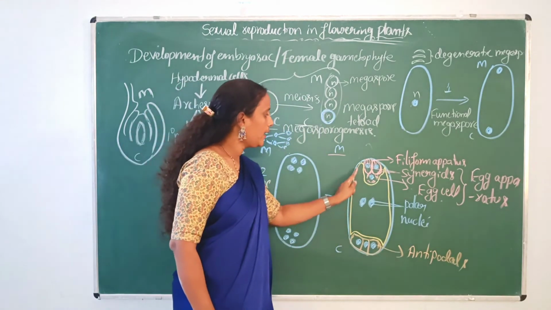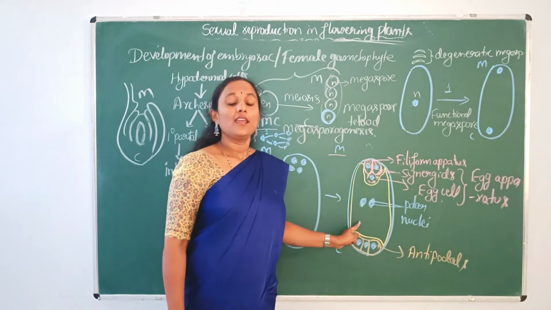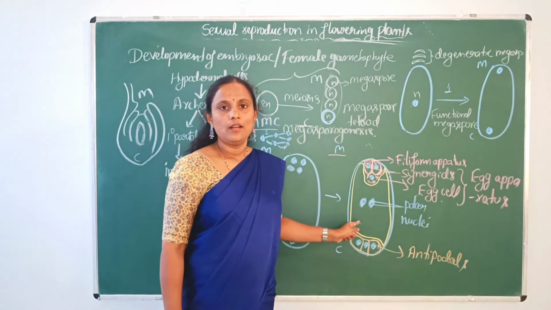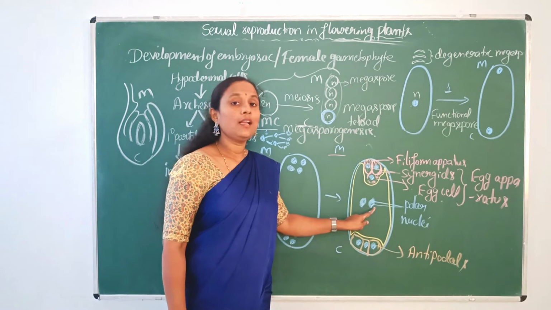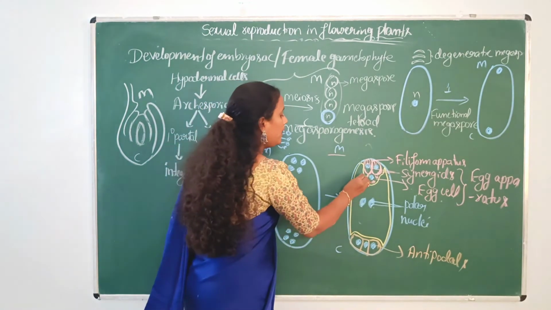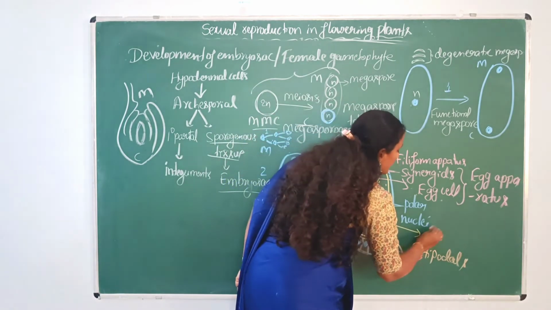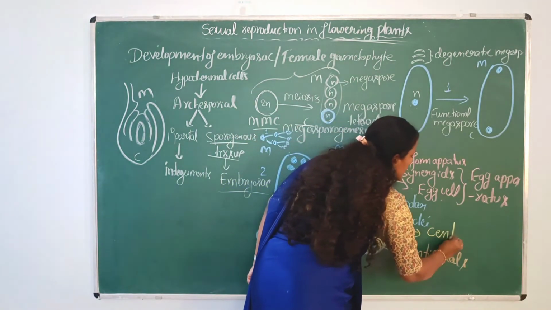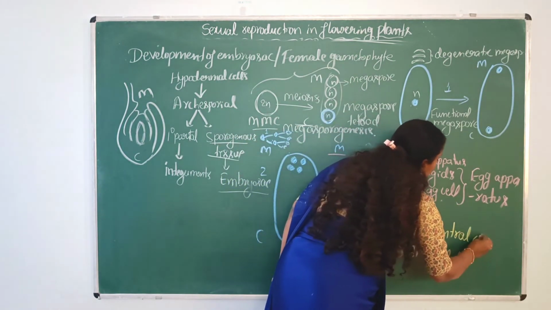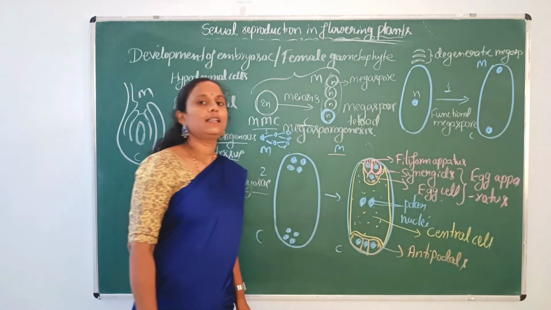So this entire yellow colored thing is one cell, which is having two polar nuclei. And this cell which is present at the center is referred as central cell.